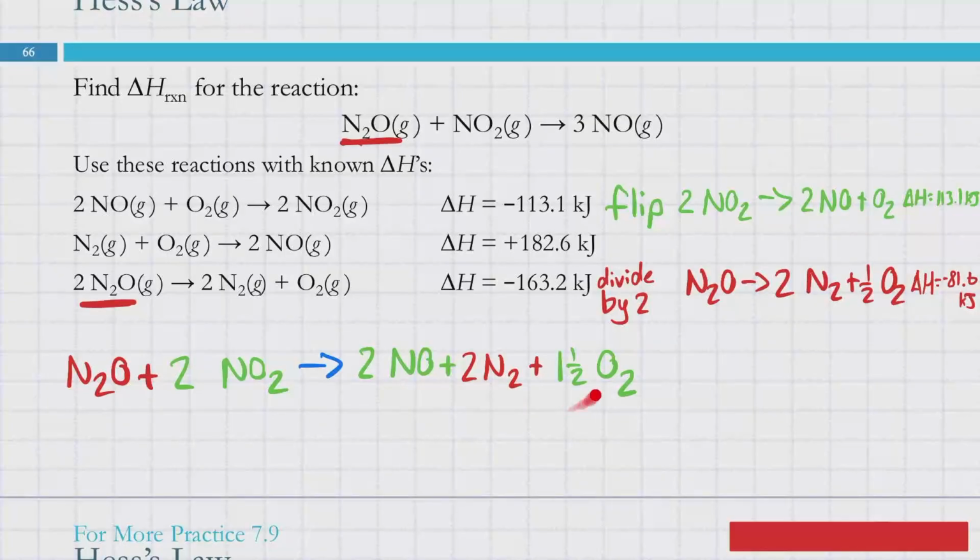So we need to either reduce the amount of O2 that we have on the right, or we need to increase the amount of this that we have. If we multiply this by 1.5, that would also multiply this by 1.5, so the O2 cancels. We would end up with 3 NO, then we would end up with 5 NO on the right. So that can't be it.